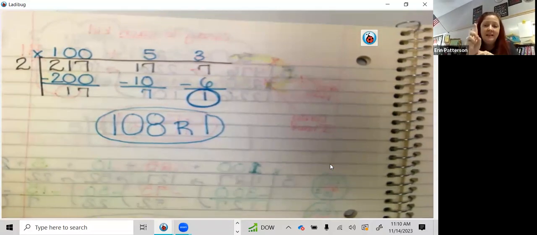Could you teach this to somebody else? Are you a 2? I'm feeling pretty good about it, but I still need to practice. Are you a 3? I'm not feeling very confident, but I'm starting to get it. Are you a 4? I don't understand this at all. Where are you in the grand scheme of things? Good, good. All right, hands down.